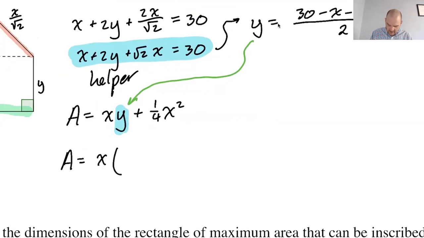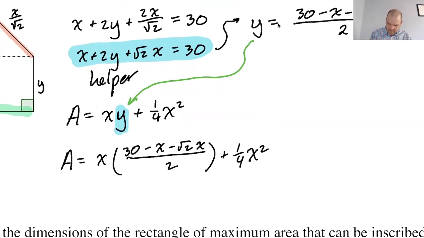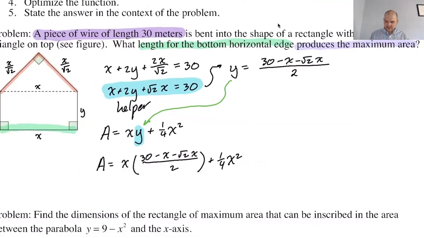So A equals x times (30 minus x minus root 2x, all over 2), plus 1/4 x squared. This is our function that we're trying to maximize.